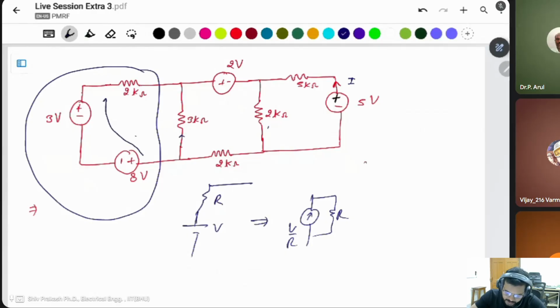The total voltage is 8 minus 3, which is 5 volt.